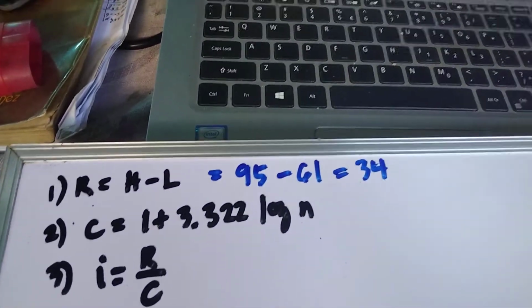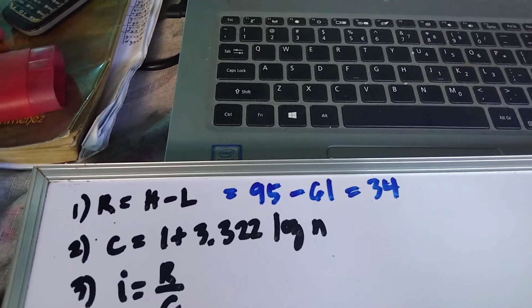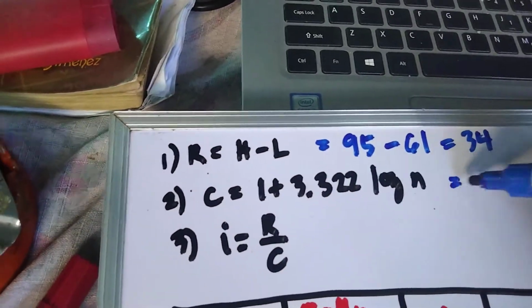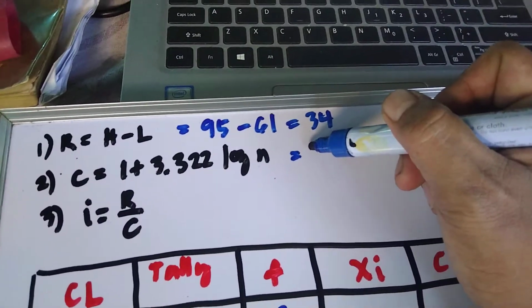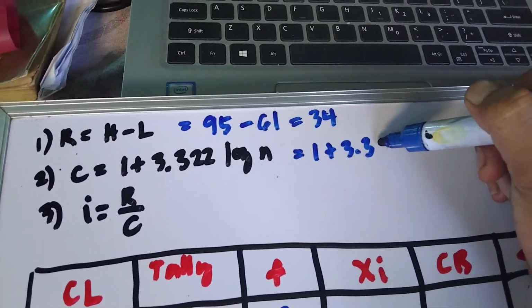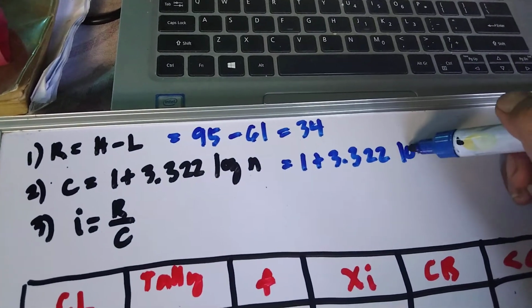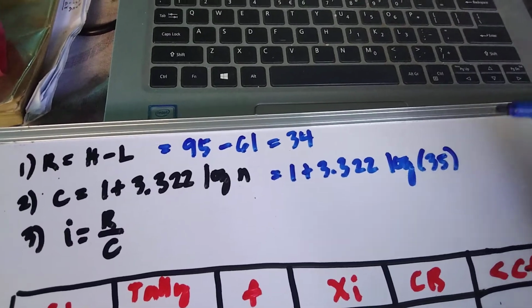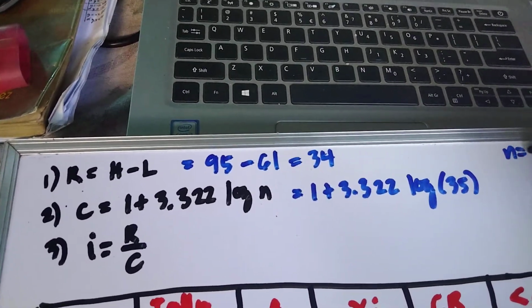Okay, step 2. Compute for the number of classes given by this formula: 1 plus 3.322 log of n, where our n is equal to 35.